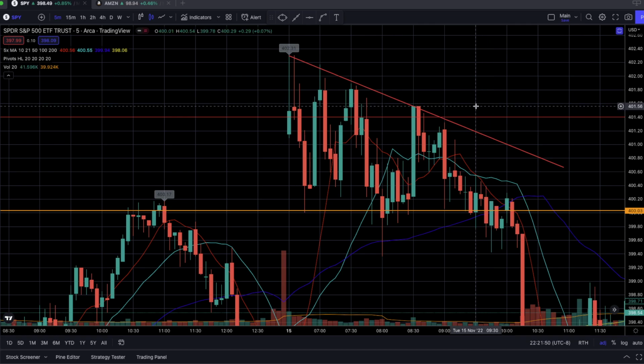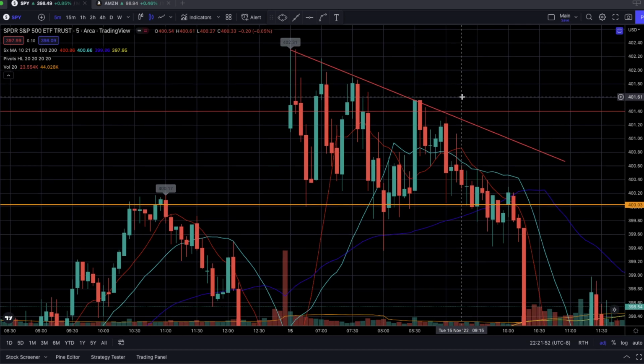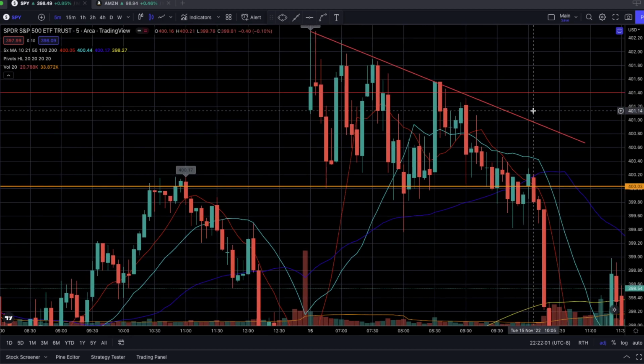So I said, it's either a make or break moment here for SPY at $400 after making lower highs like this. It seems like we're also making a descending triangle, which is inherently a bearish chart pattern.